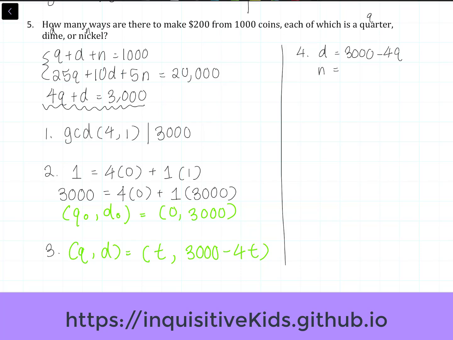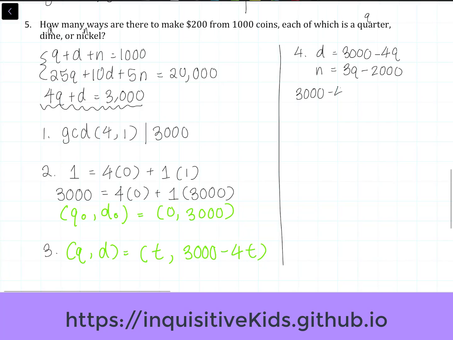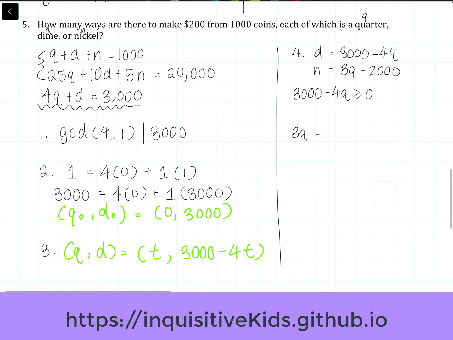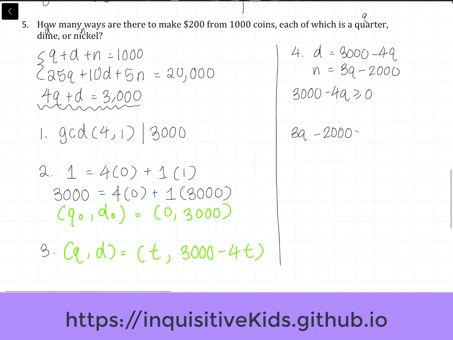And N can be rewritten as 3Q minus 2,000. Now these values both have to be greater than or equal to 0, because we can't have a negative number of coins. So 3,000 minus 4Q, or D, must be greater than or equal to 0. And 3Q minus 2,000 must also be greater than or equal to 0.